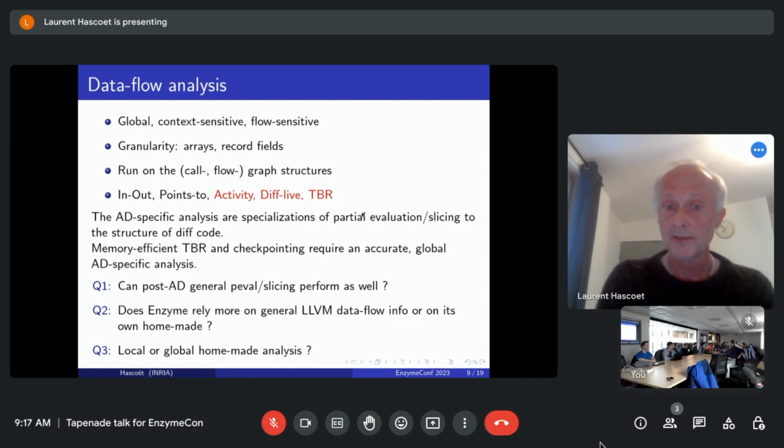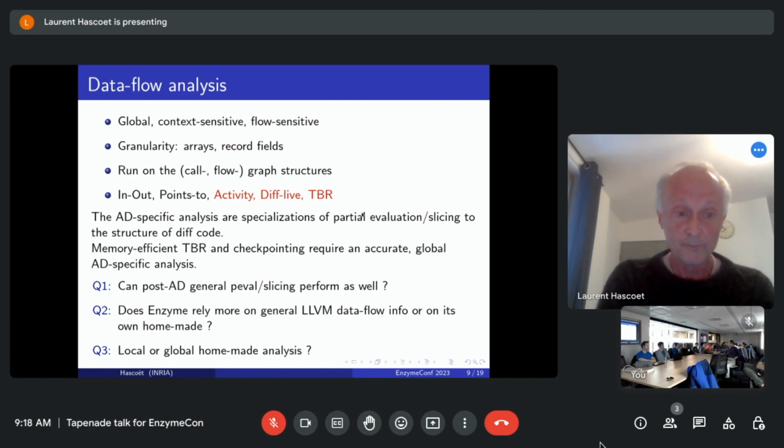And all this makes the analysis much more powerful than a general purpose analysis on the whole lot of differentiated code. At least that's what I claim. If you want to have a memory efficient checkpointing scheme, you really need an accurate AD-specific analysis to get the TBR information and also to have checkpointing sets, the set of variables that you need to store before checkpointing a call, as small as possible.